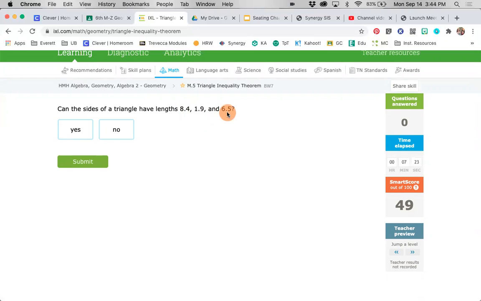This answer is exactly 6.5. It is not greater than 6.5, so no, these side lengths would not make a triangle, because it can't be the exact answer that I get when I subtract these. When I subtracted 8.4 minus 1.9, I got exactly 6.5, and so that doesn't work.